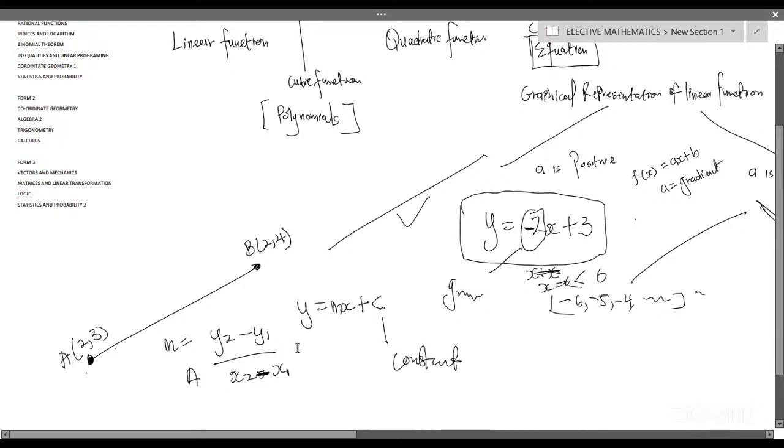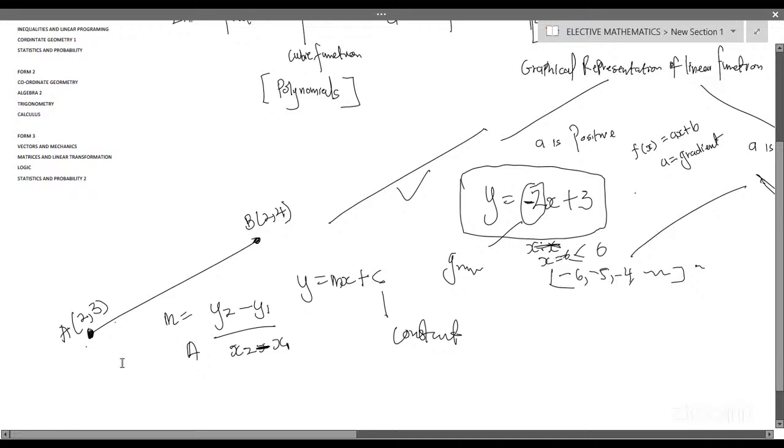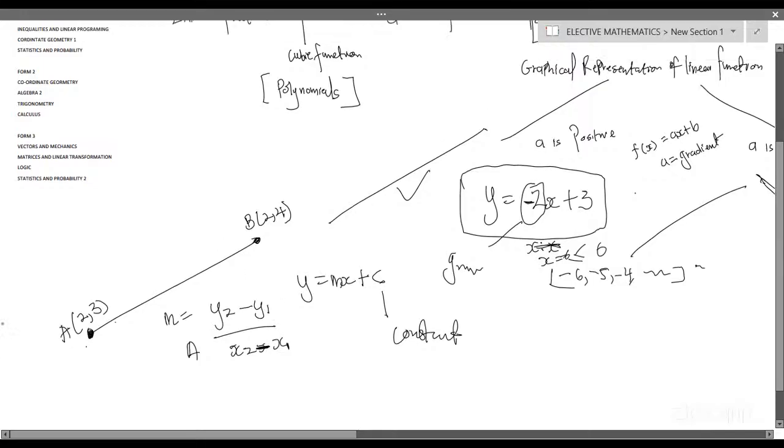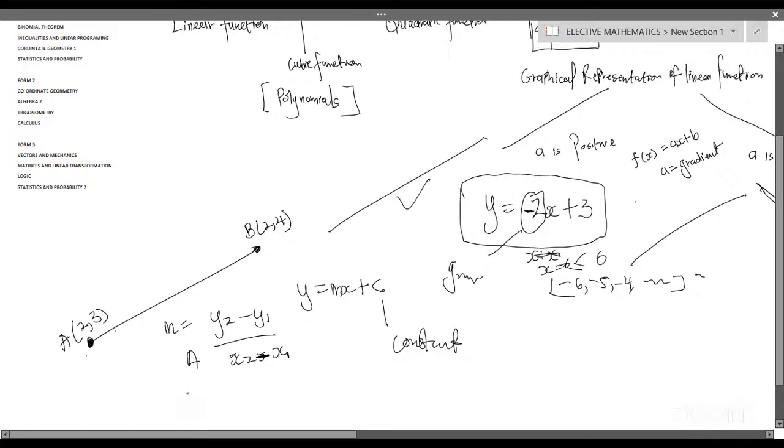First of all, we are going to apply y2 minus y1 over x2 minus x1 to find our gradient, which is m. Let's give this x1, y1 and this x2, y2.